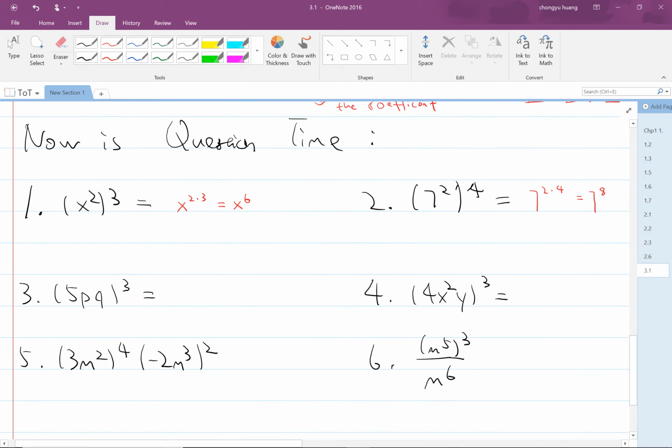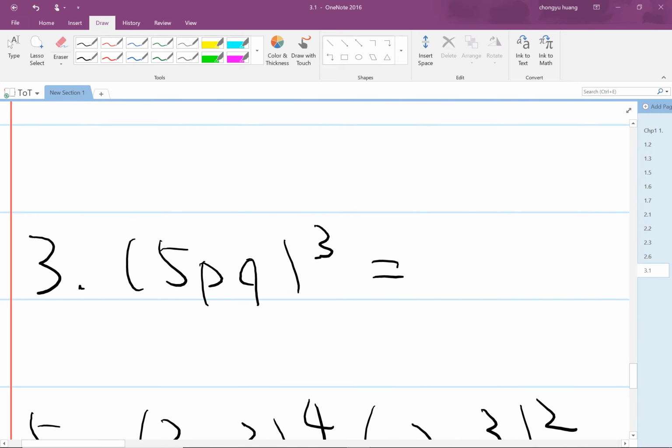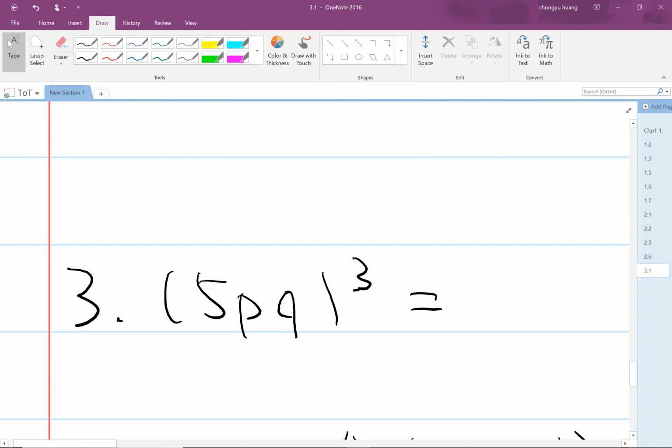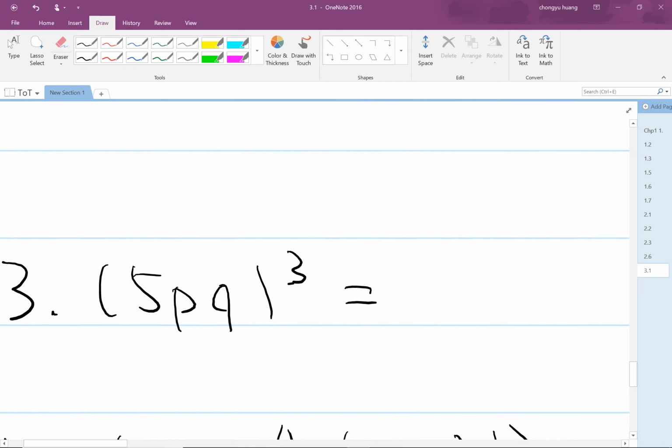So let's move into question 3. What we got over here is simply bracket 5pq, bracket to the power 3. As the property we have before, it's just going to be 5 to the power 3, p to the power 3, and then q to the power 3.